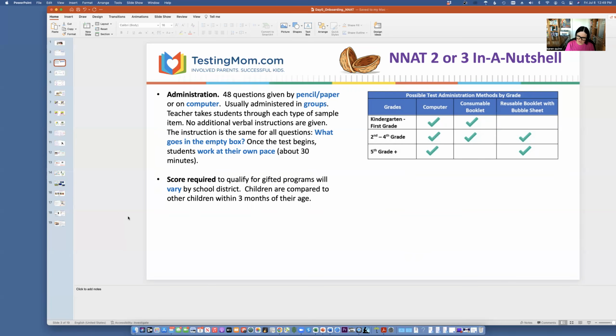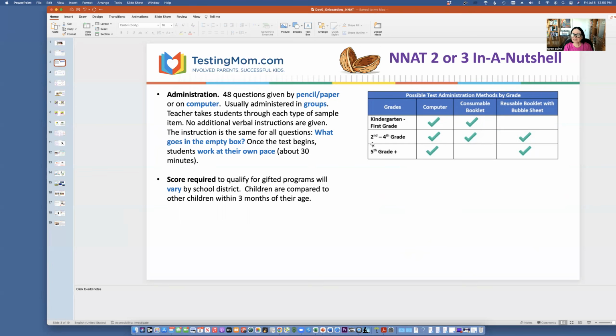And he or she will make sure that the kids understand what they're to do with each type of question. And then they say, now you go ahead. And then the child works through all of the questions on their own. The test takes about 30 minutes. And the question is essentially the same for every question, which is what belongs in the empty box. But you get to what belongs using different techniques depending on what kind of puzzle it is.